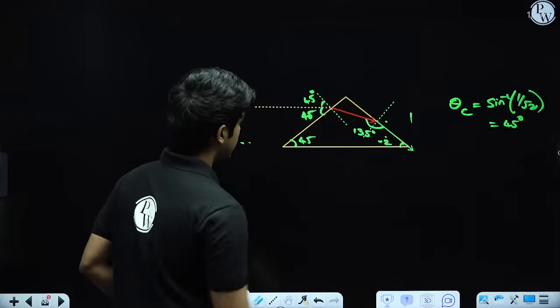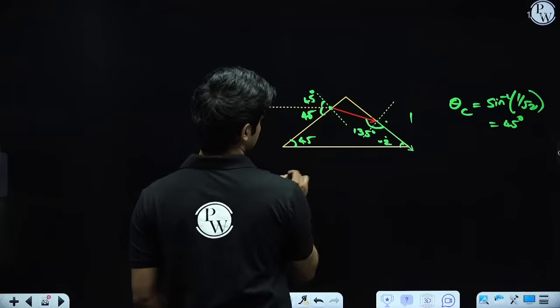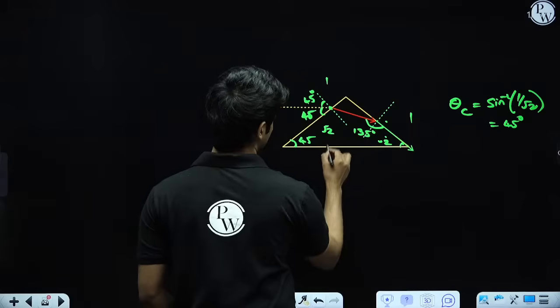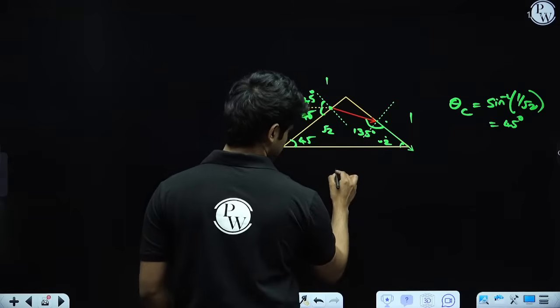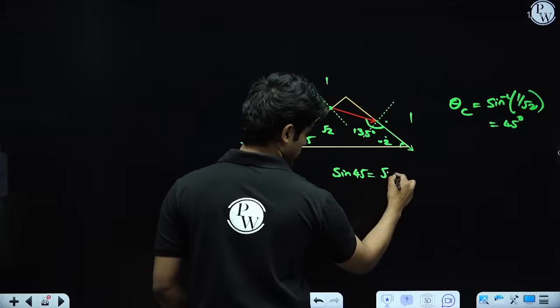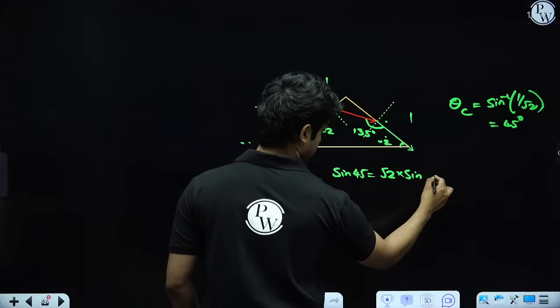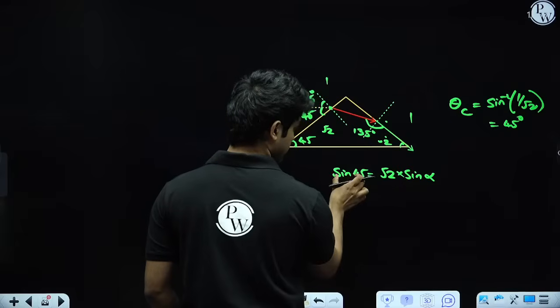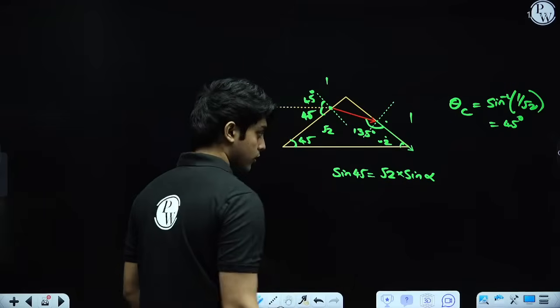Now we can apply the refraction formula at this surface. This is 1, this is root 2. So n1 sine theta 1, which is sine 45, equals n2 root 2 times sine alpha, let's say. From here, this is 1 by root 2, dividing by root 2 it becomes half.